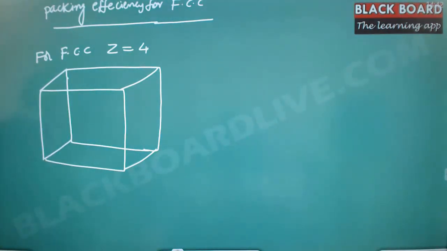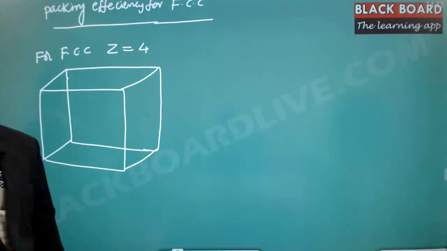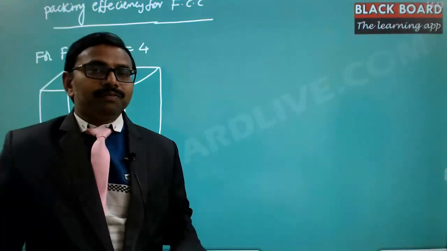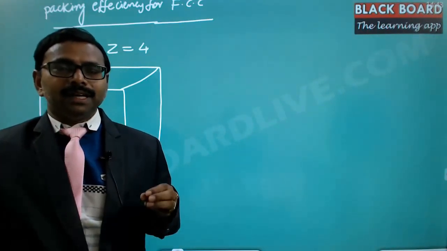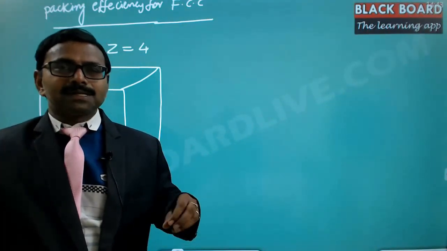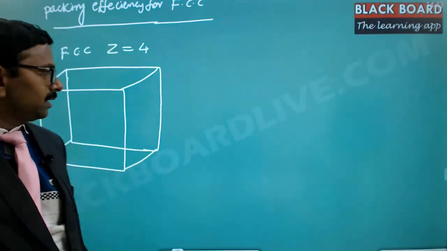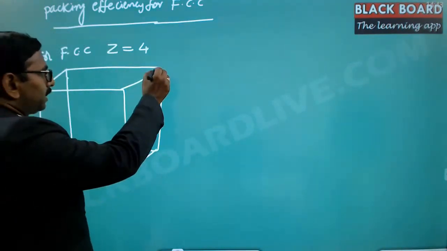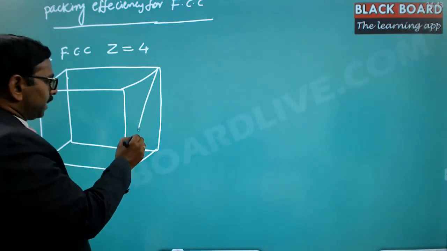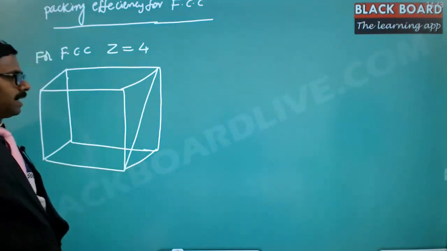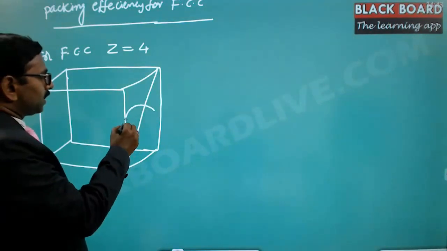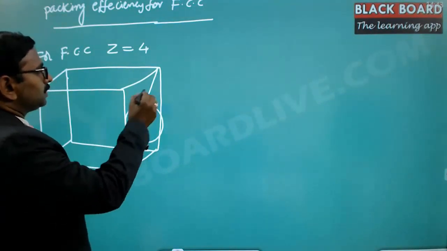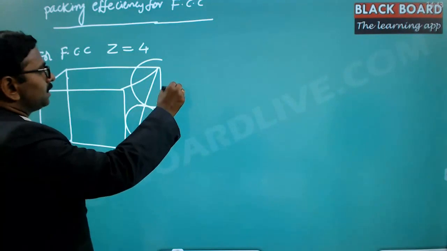In face centered cube, the nearest neighbors are present along the face diagonal. Suppose we take this as a face diagonal. At a face center there exists one atom. Next, another atom is present here.